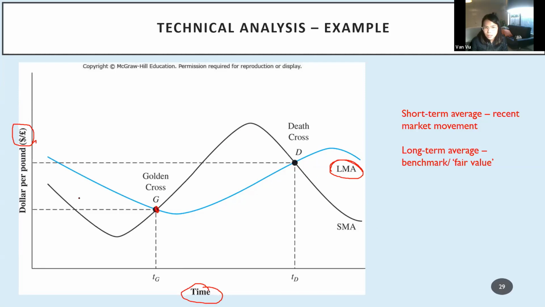suppose we are here. What happens here is that the exchange rate moves like this. So at some point in time, the exchange rate increases and it passes the long-term average. When the exchange rate passes the long-term average, what do I want to do?